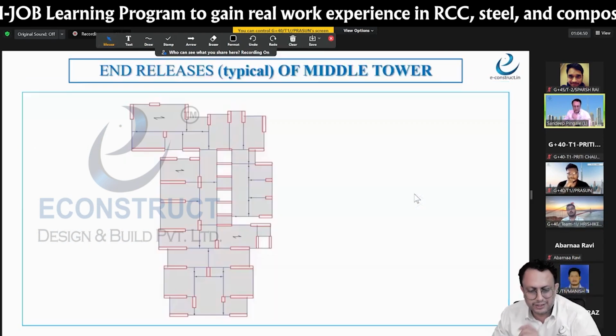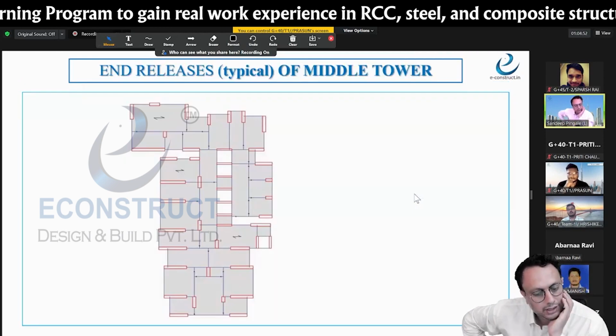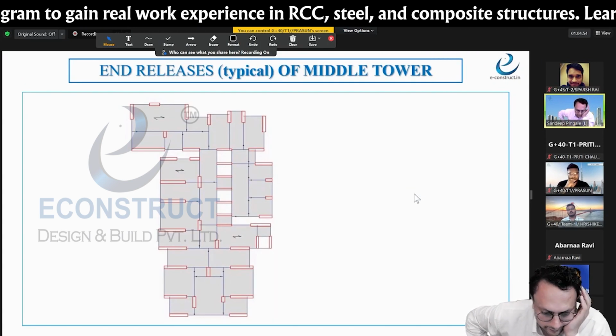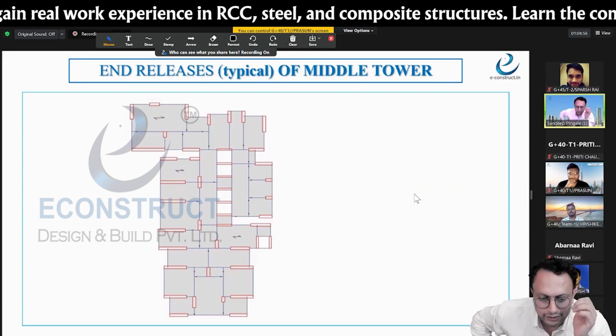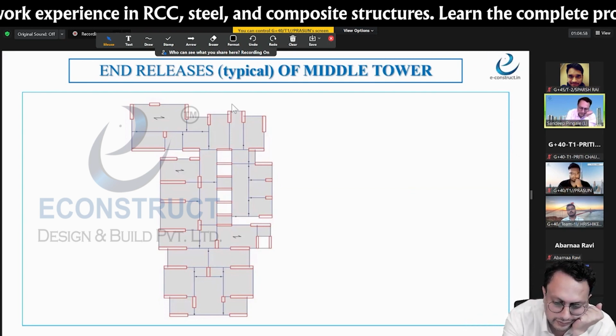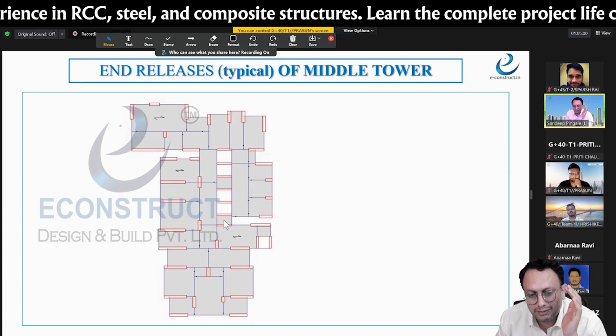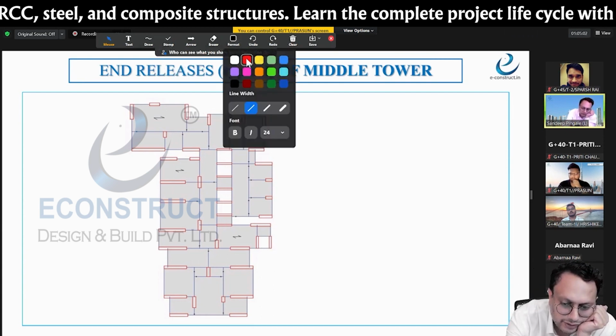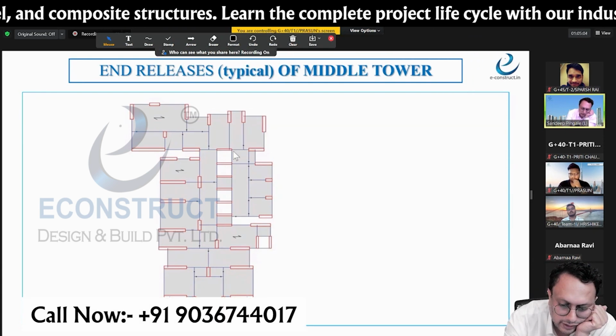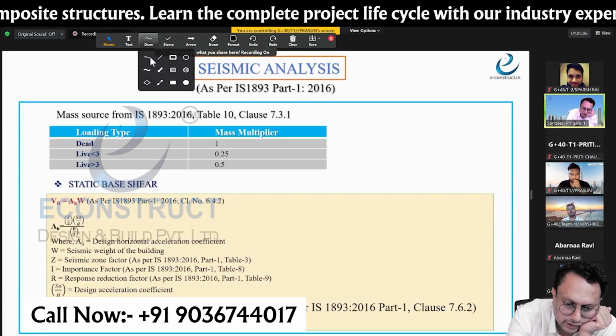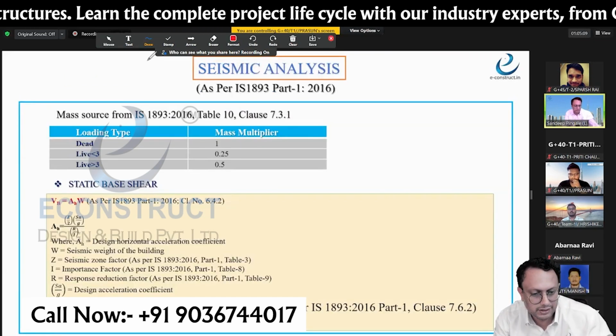Next one. Earthquake deflection is within the limits. And here, if you add that shear wall, is it affecting? No, not this, the previous one, sorry.